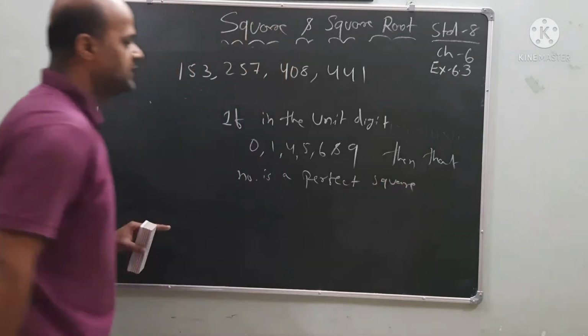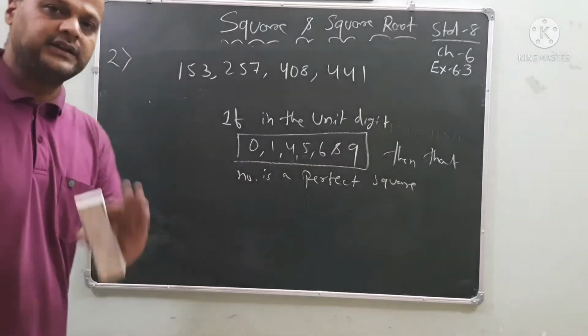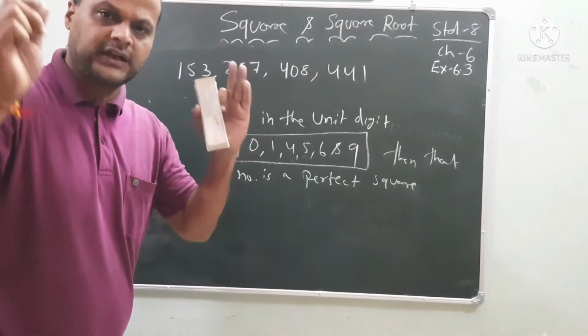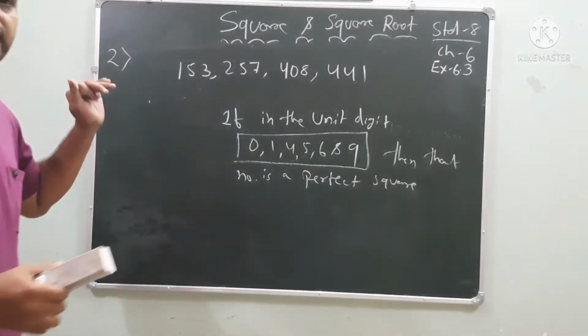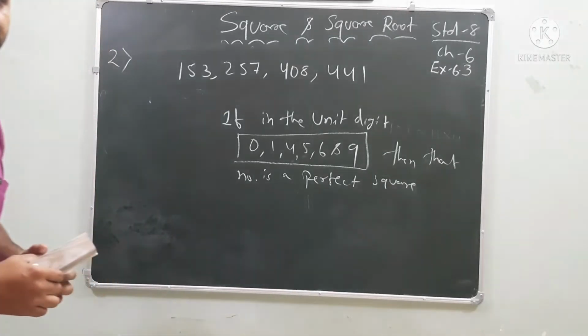My dear friends, if these digits are in the unit place, then it is a perfect square. This is the rule. So by observing, can you find out which one is a perfect square or not?